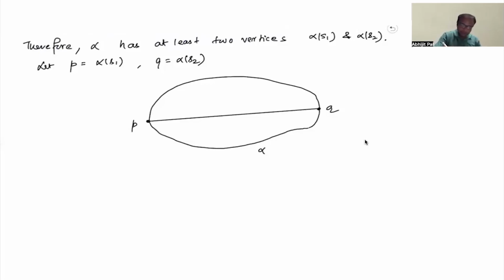This line divides alpha into two segments. Let us call this one my beta and this one my gamma.